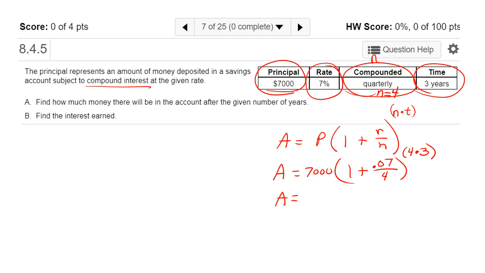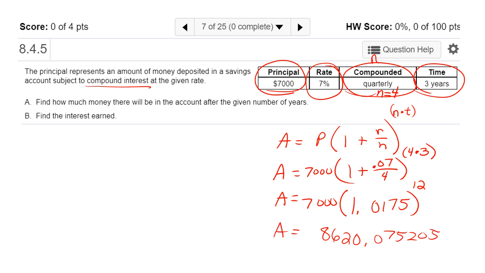When I do parentheses first, I end up with 1.0175, and then the exponent 4 times 3 would be 12. Now according to the order of operations, I should do my exponent next, and then without rounding off, with this number still showing on your screen, multiply by the 7,000. So that gives me 8620.075205.